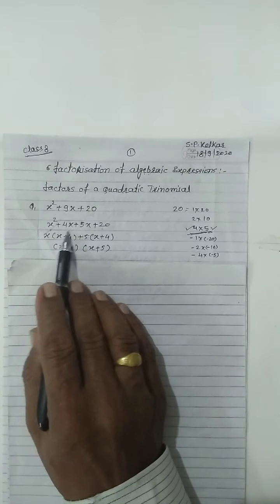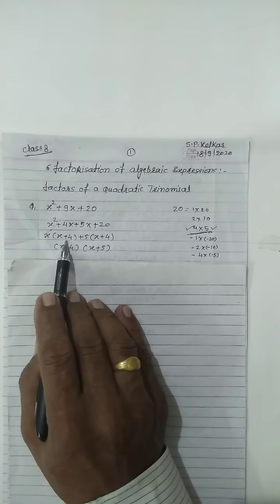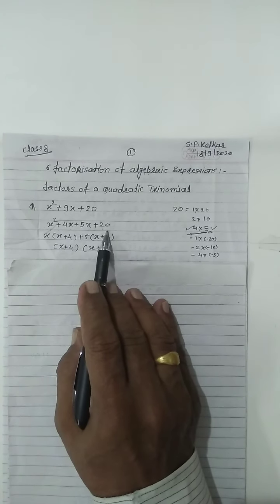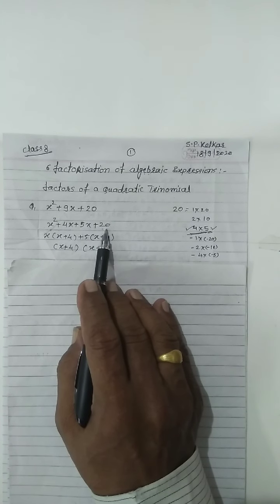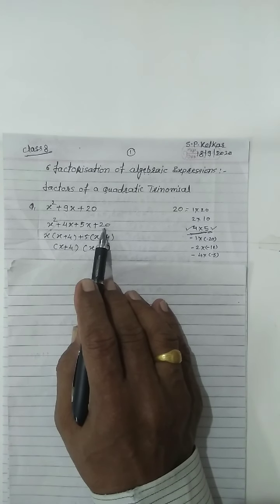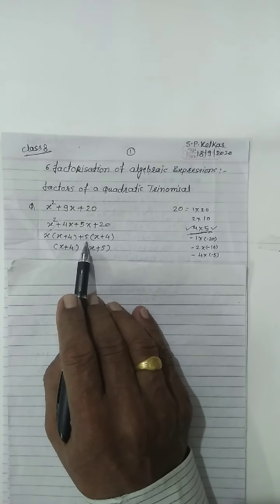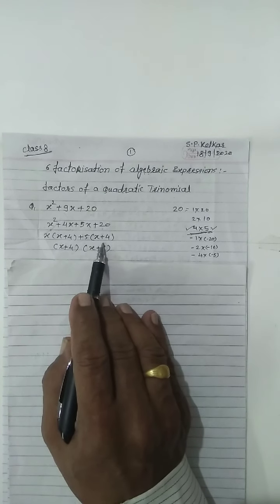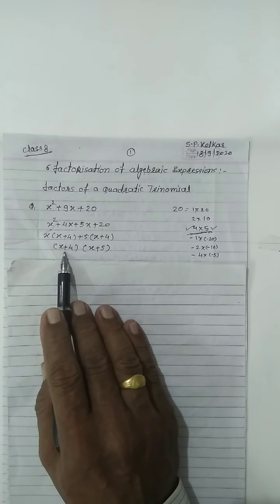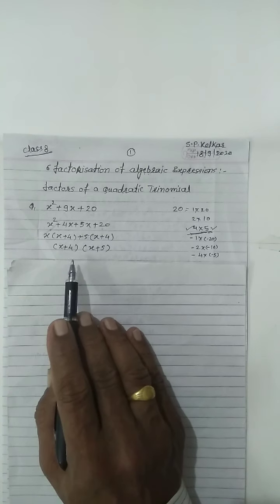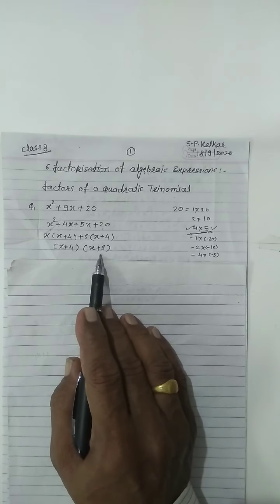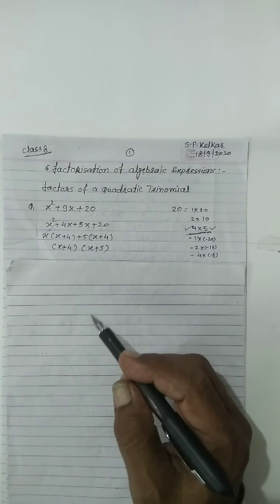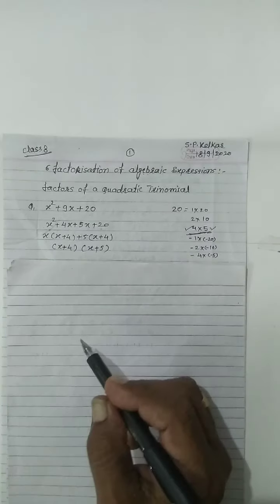Now take x common from the first two terms: x into bracket x plus 4 bracket close, plus from the last two we take 5 common, since 20 means 5 into 4: 5 into bracket x plus 4 bracket close. Now see these two brackets are the same. We take one bracket common, that is x plus 4 in one bracket and the second bracket x plus 5. In this way we find the two factors of the quadratic trinomial.